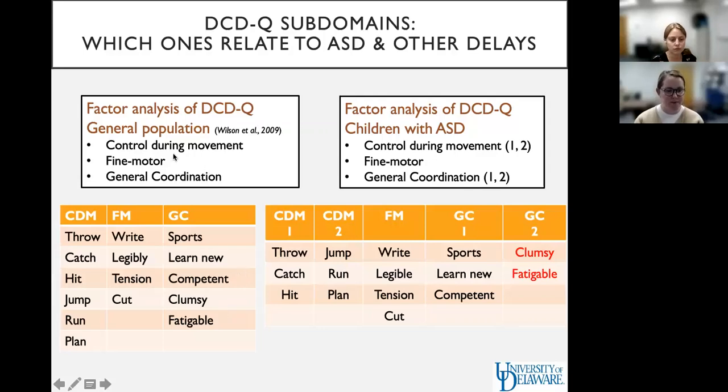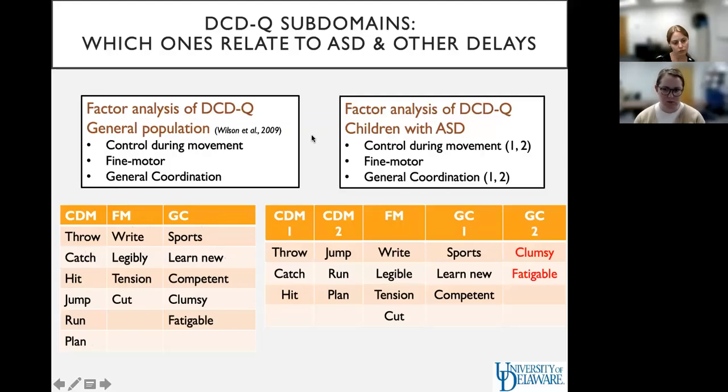Here, I looked at factor analyses. So factor analyses for DCDQ was done when the measure was developed for the general population. And there were 3 subdomains that were identified. Control during movement comprises of a series of gross motor skills. Fine motor is its own domain, and general coordination is a series of questions on general motor competence.